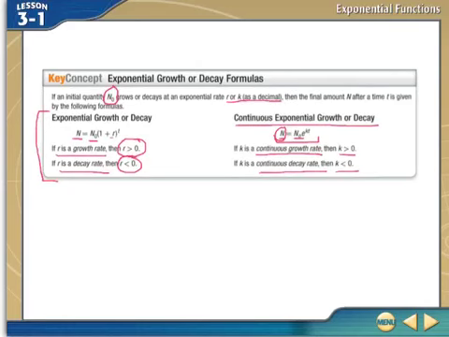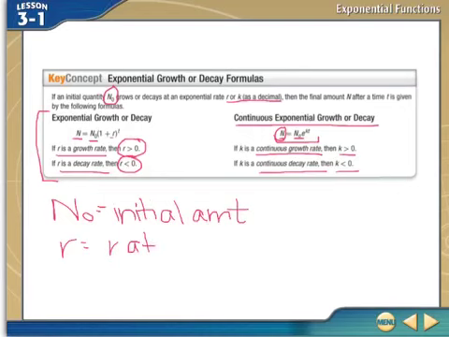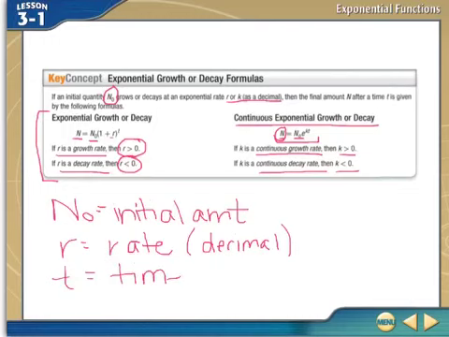So just to review that, over here, n0 is your initial amount, just like our principal in those compound interest formulas. R is your rate, and that again has to be a decimal. And t is time in whatever unit they give you.